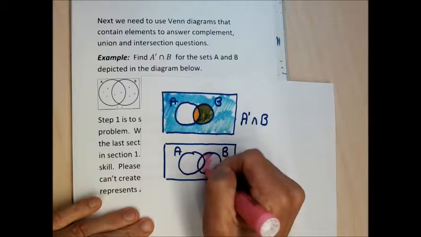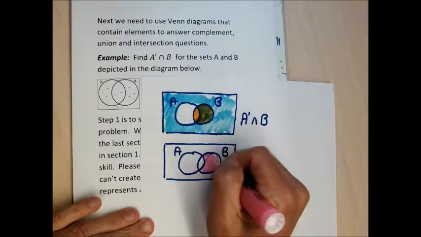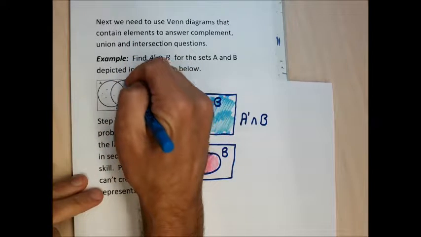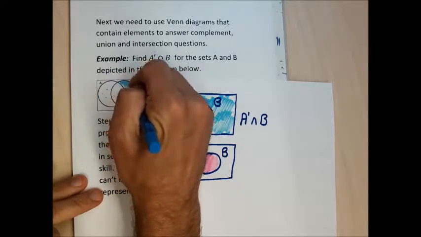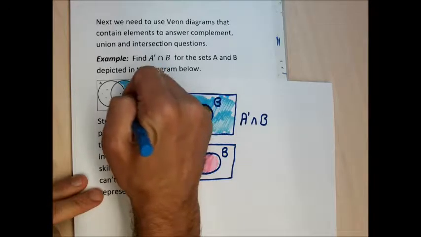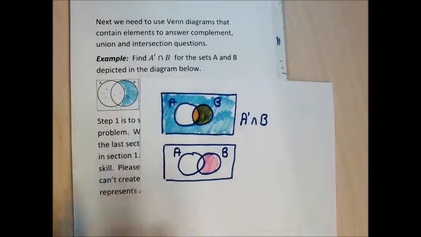So this is a picture of A complement intersection B. I'm going to transfer that picture to the actual diagram that was given to me, and the answer to what A complement intersection B is for the sets A and B given in this diagram is going to be any element that's in the shaded region.